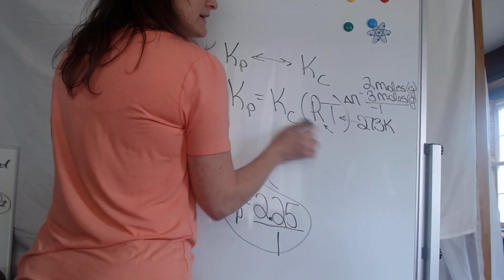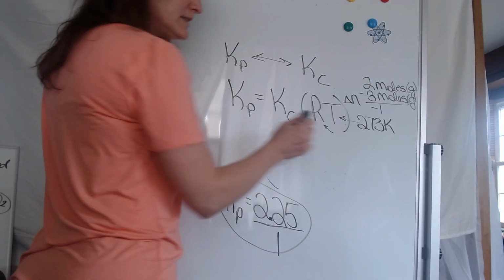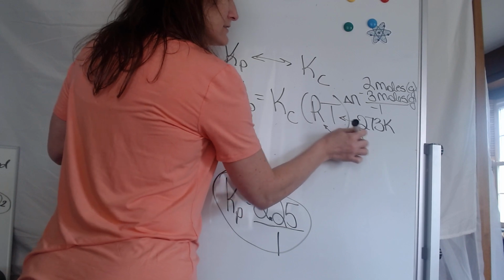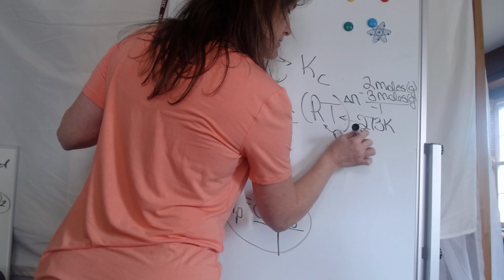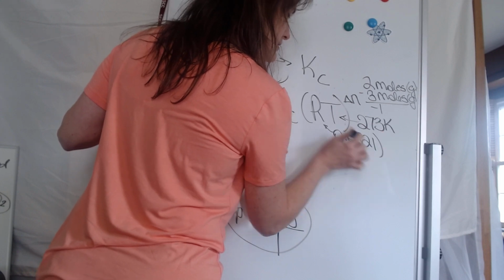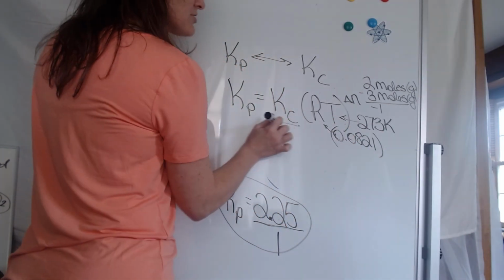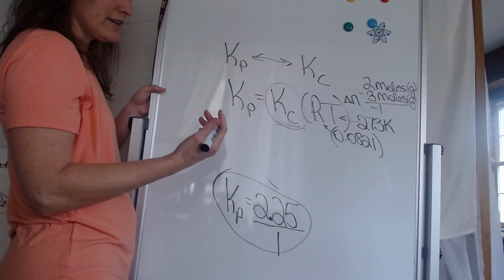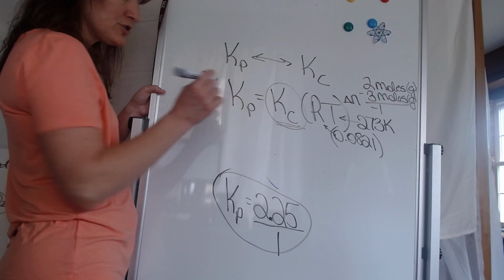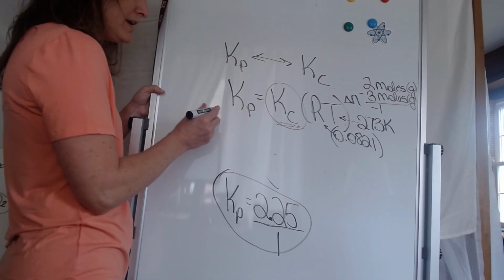And R is the ideal gas constant, 0.0821. K sub C is your unknown, so that is the thing that you're going to leave as just its letter, K sub C, and you're going to plug the 2.25 in as your K sub P.